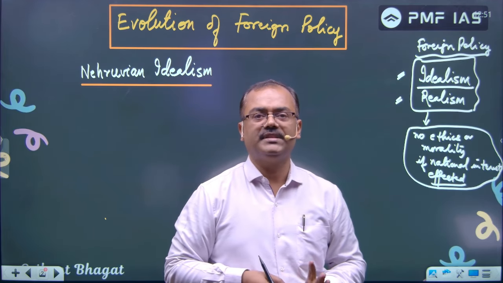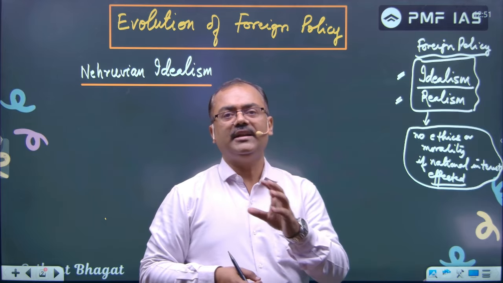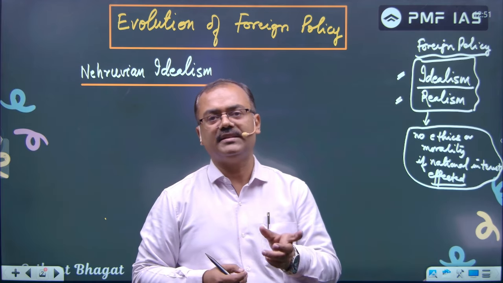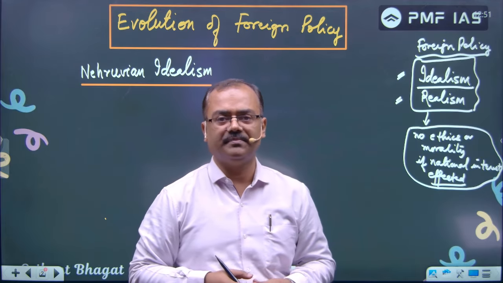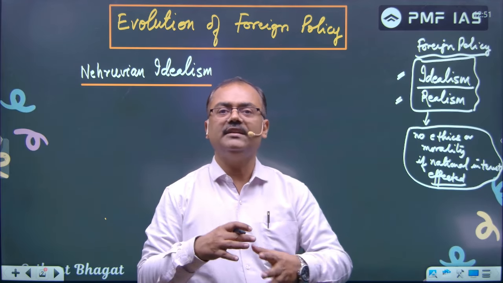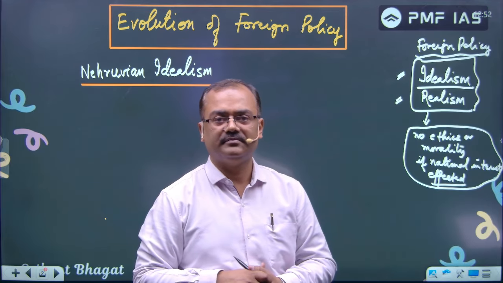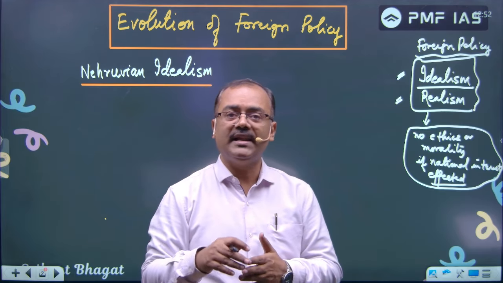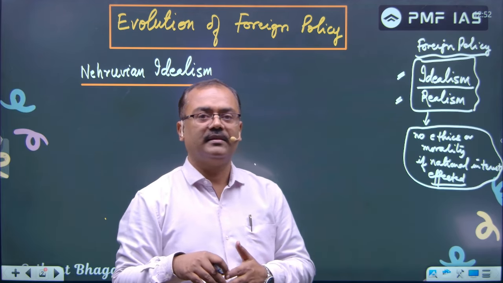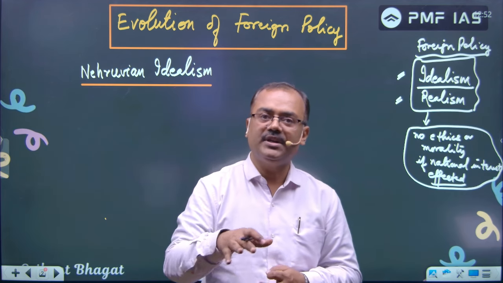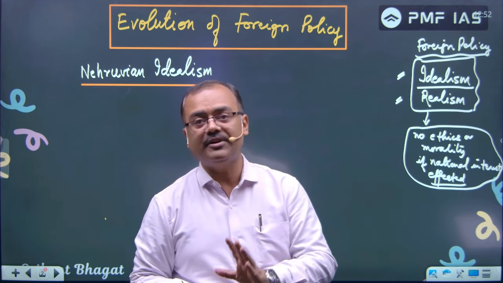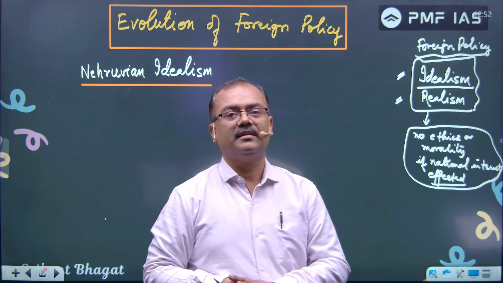The best example of this is, despite knowing that Pakistani soil was used for terrorist activities or promoting terrorism, the US is aligning with Pakistan. Recent alignment of the US with Pakistan.